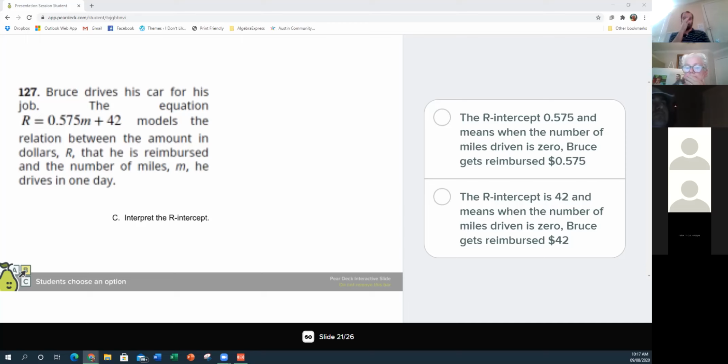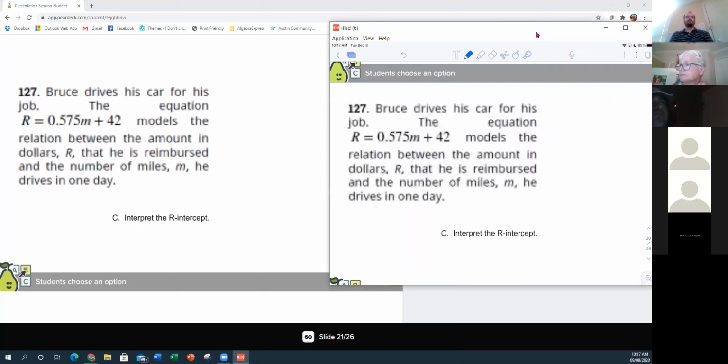Okay. I want to make sure we get to the next one, so I'm going to go ahead and talk about this one. On this one, the 42 is the R-intercept. And that just means that no matter what, he's going to get that $42, even if he doesn't drive any miles.